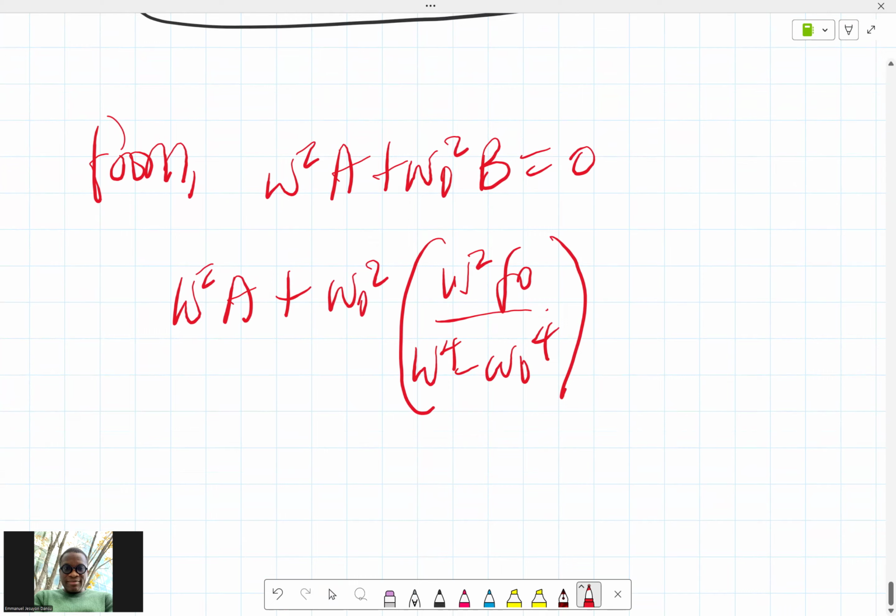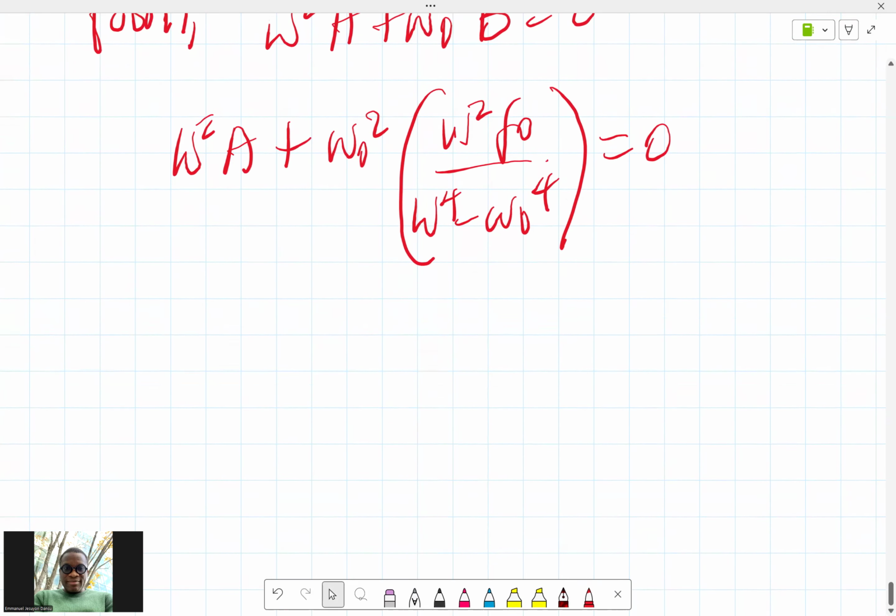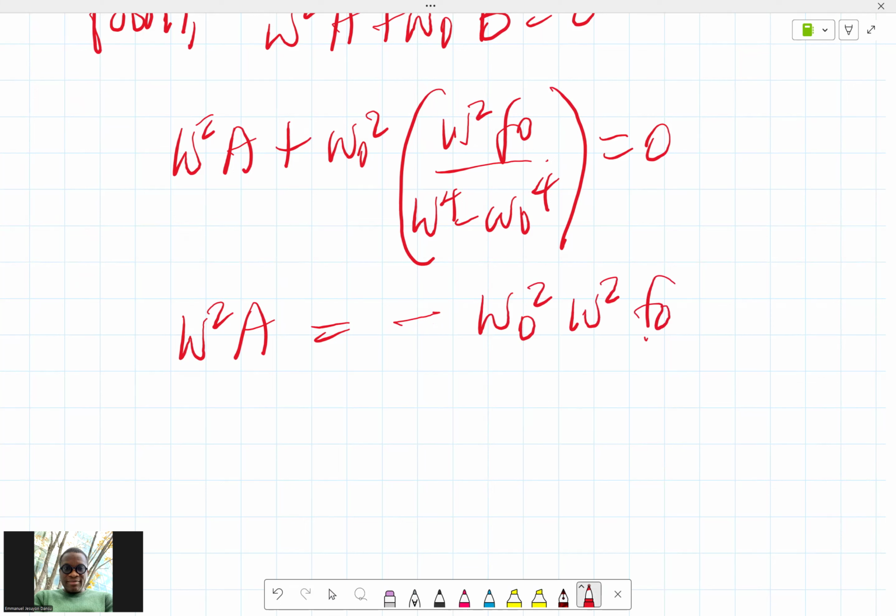Okay, that's b now, equals 0. So we can tidy things up there. So this is simply omega squared a equals, if we expand all that, minus omega naught squared, omega squared f naught, if you multiply that out, all over omega 4 minus omega naught 4.